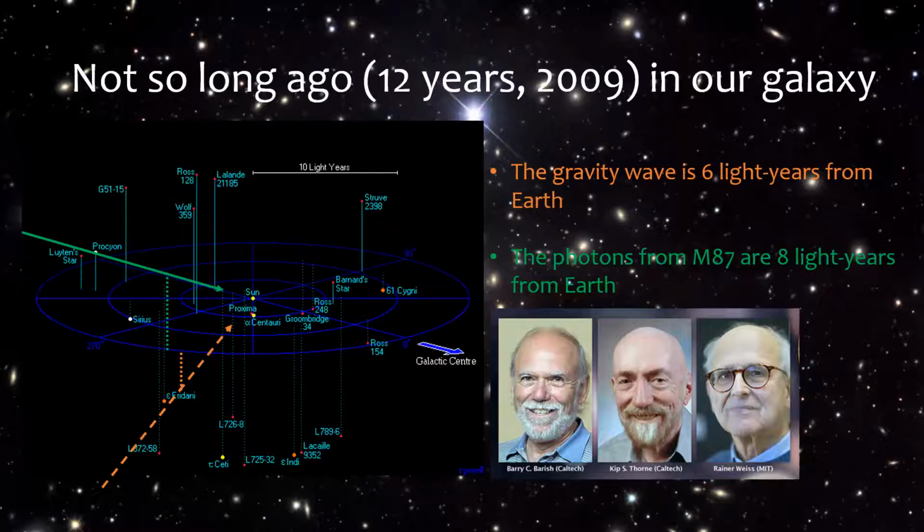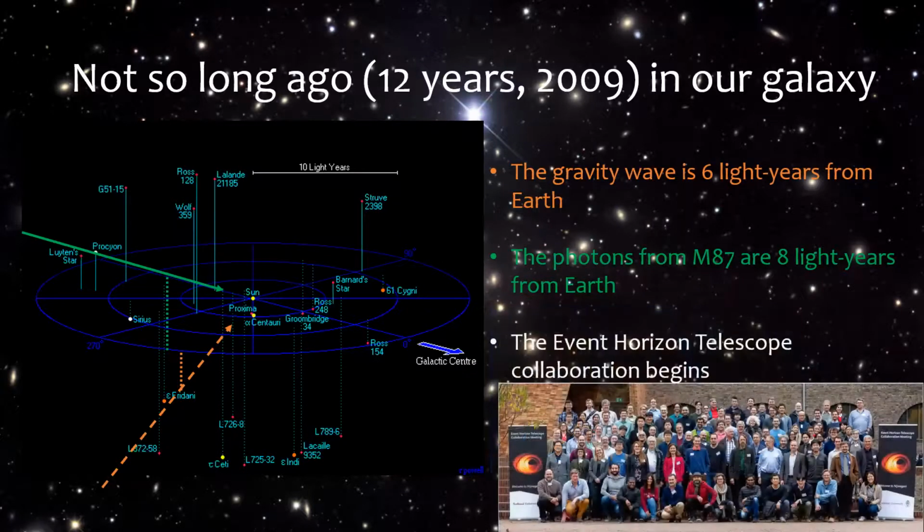So we are going to jump ahead to 2009, when Dr. Sheperd Doeleman and his collaboration conceived of a way to image the environment of a black hole down to its event horizon. This was the Event Horizon Telescope.